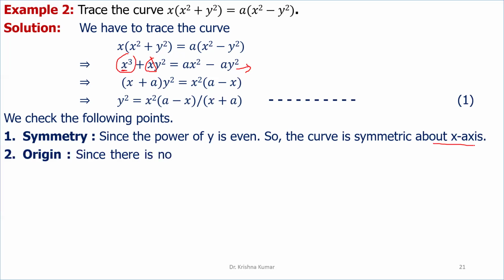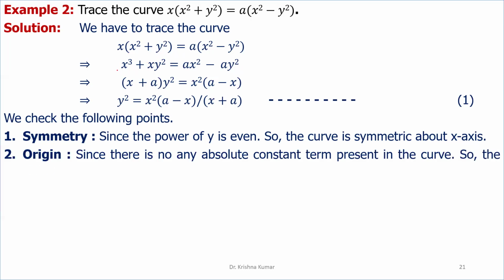The second point is origin. Since in the whole equation there is no absolute constant present, each and every term has a variable. Therefore, the curve passes through origin. Now the question arises, if the curve passes through origin, what is the tangent at origin?